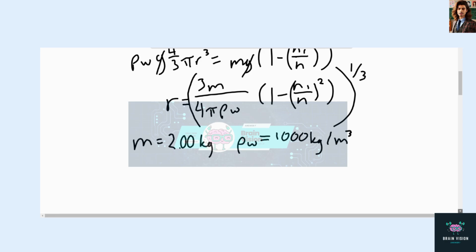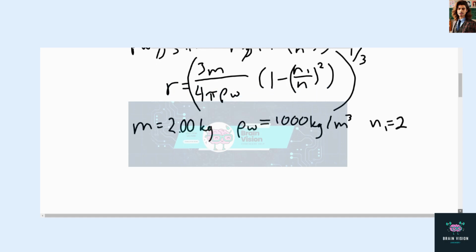And we also know from the specific instance of the example that n1 is going to be equal to 2. That gets rid of all the variables that we don't want, because we have 3/4 pi, which is just a constant, but we have m, rho w, and n1, which are all taken care of. So this will give us, with some simplification, a formula for r, the radius of the sphere, in terms of n. So we'll plug all those in.